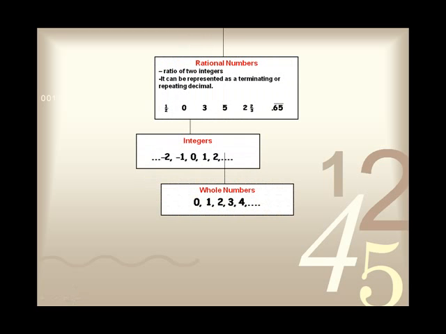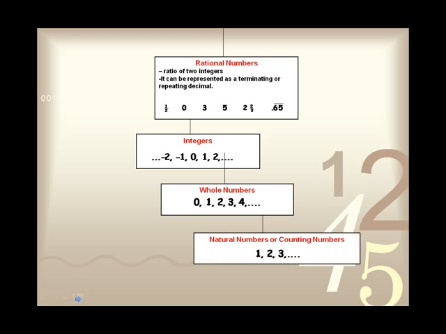Whole numbers are essentially all the positive numbers of the integer set, and also including 0. And then we can go one step further. Natural numbers. This is probably how you started to learn how to count in kindergarten and probably before. So the numbers 1, 2, 3, dot, dot, dot, all the way up to infinity. Those numbers are classified as natural numbers, aka counting numbers.